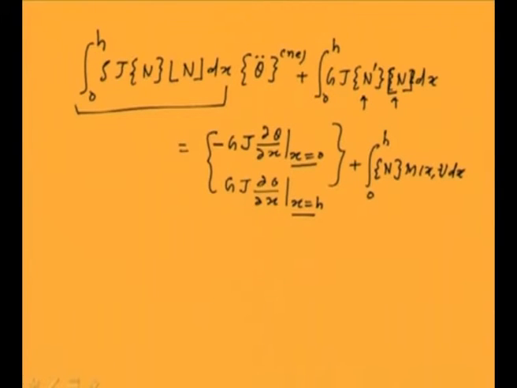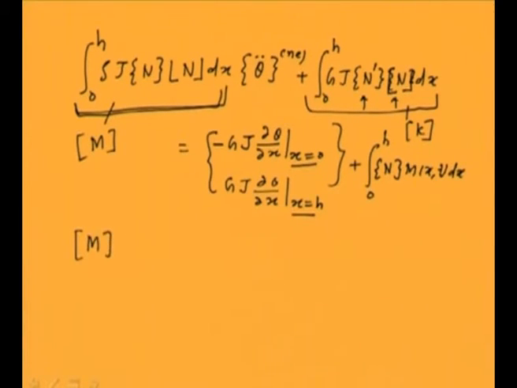Now this particular term we will call the M matrix, that is the mass matrix. This particular term we will call the K matrix, that is the stiffness matrix. So the equation can be written in a more compact form like this.